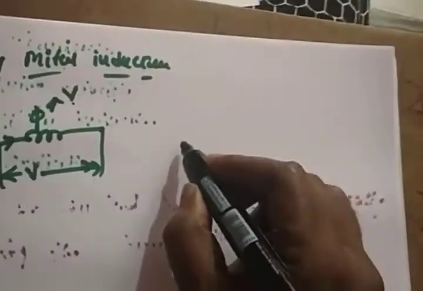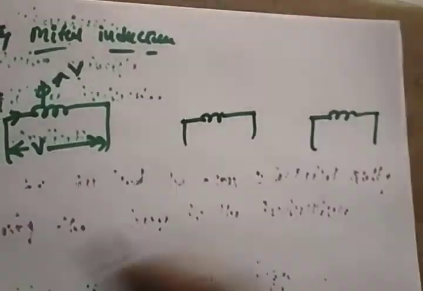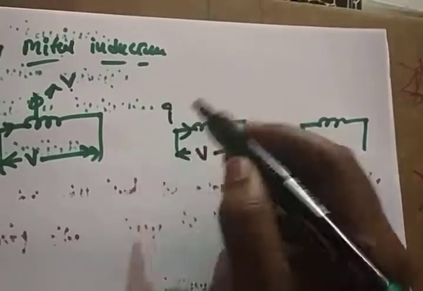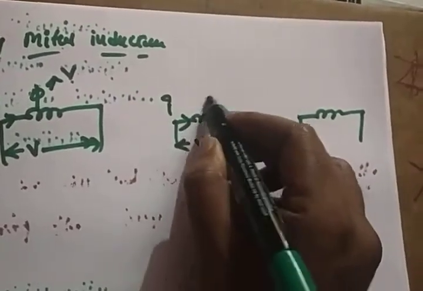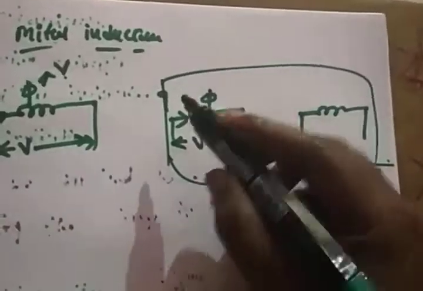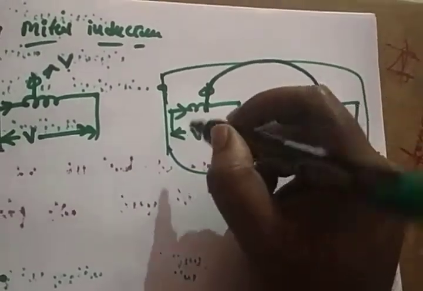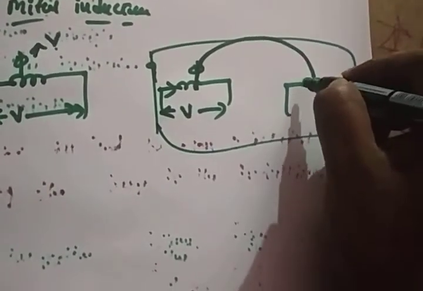But suppose I have one more coil, and these are magnetically coupled, right? If voltage is applied, flux will be generated and current will flow. These are magnetically coupled, that means there will be a magnetic coupling, so this flux will travel here.